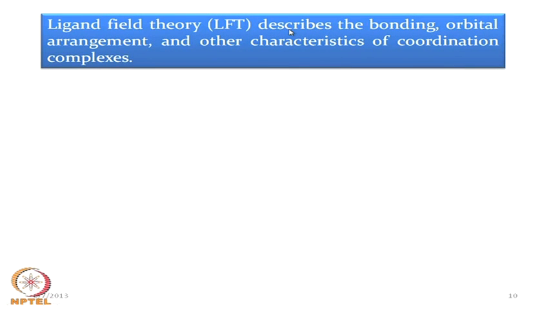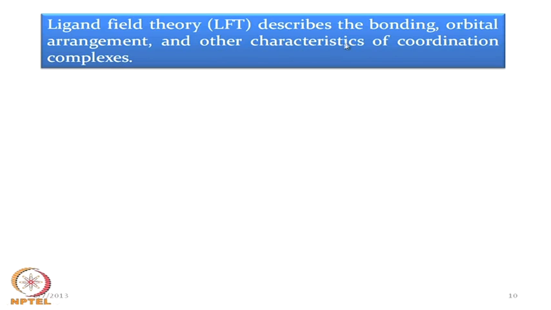So, utilizing this ligand field theory, we describe the bonding and the orbital arrangement, that means how many of them are bonding orbitals and how many are antibonding orbitals, what the separation between these orbitals is, and whether they match the spectrochemical series that can be obtained from this theory.